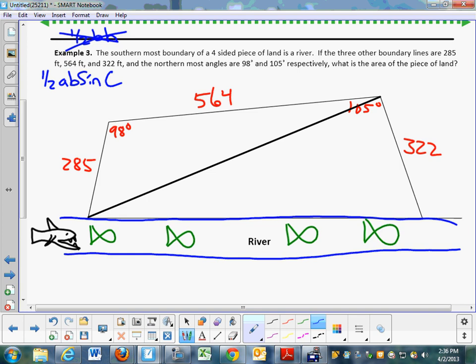Excellent. 1/2 ab sine C, which means if you take 1/2 times the two sides times the sine of the included angle, you will get the area. So do I have two sides and the included angle for triangle number 1? Yes. So what I could do is say that this is equal to 1/2 times 564 times 285 times the sine of 98.